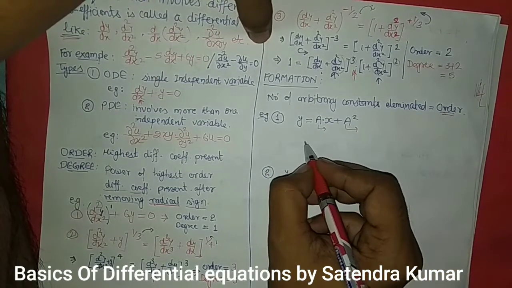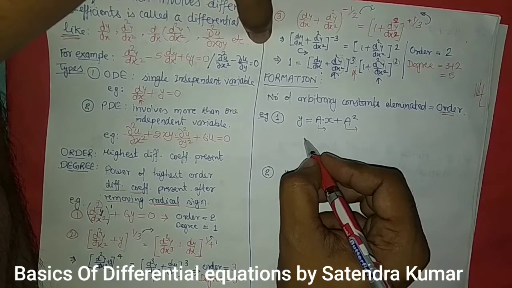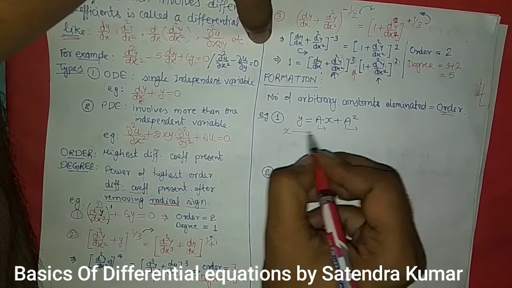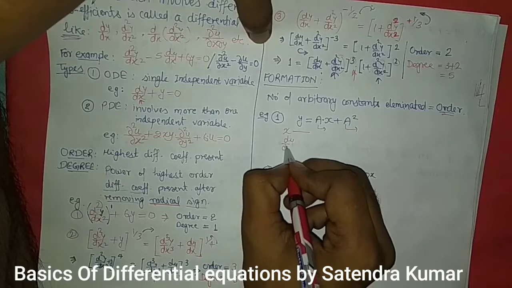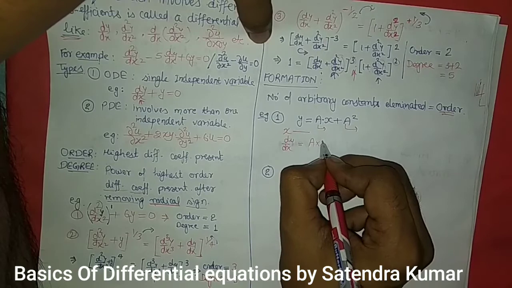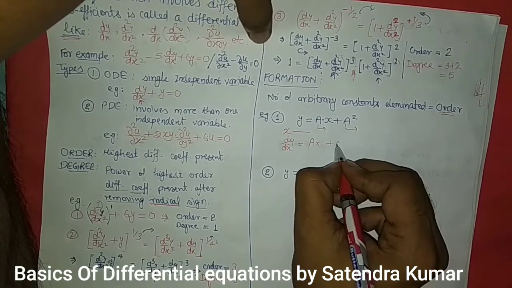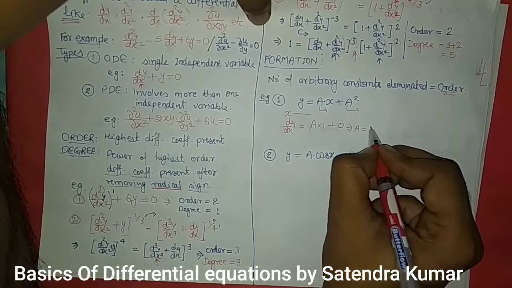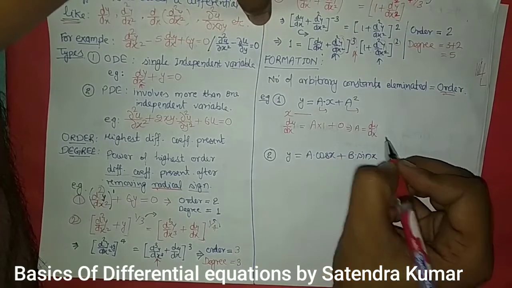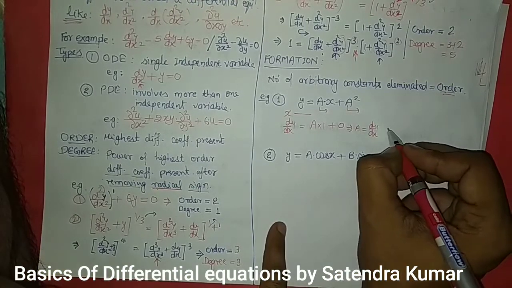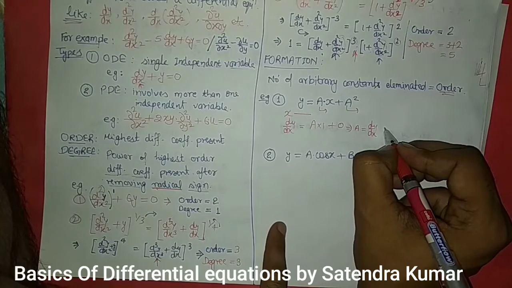So we first differentiate the given equation with respect to the independent variable, that is x. So dy/dx is equal to a times 1 plus constant 0, and here we find a is equal to dy/dx. But the differential equation is obtained only when all the arbitrary constants are eliminated.